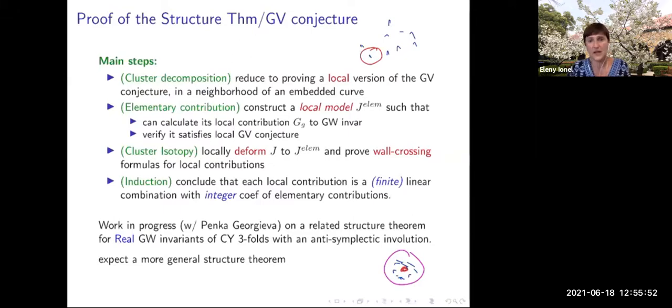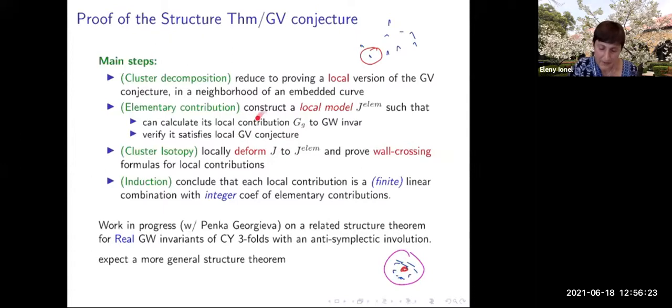Once you have this, you can conclude by induction that the local contribution is a finite linear combination of this elementary contribution with integer coefficients, and it's finite, with finitely many non-zero in each homology class. I think I mentioned this earlier: there is this joint work in progress with Penka Georgieva for the real Gromov-Witten invariants.